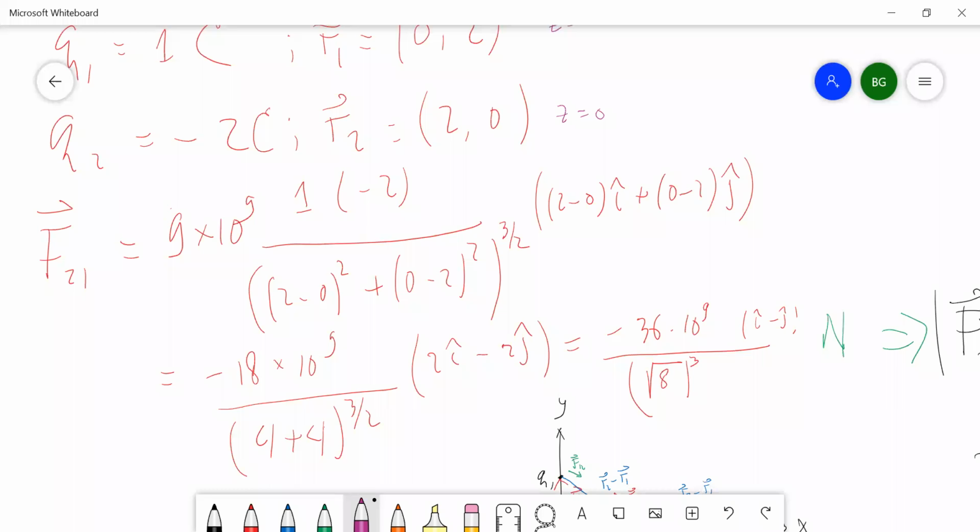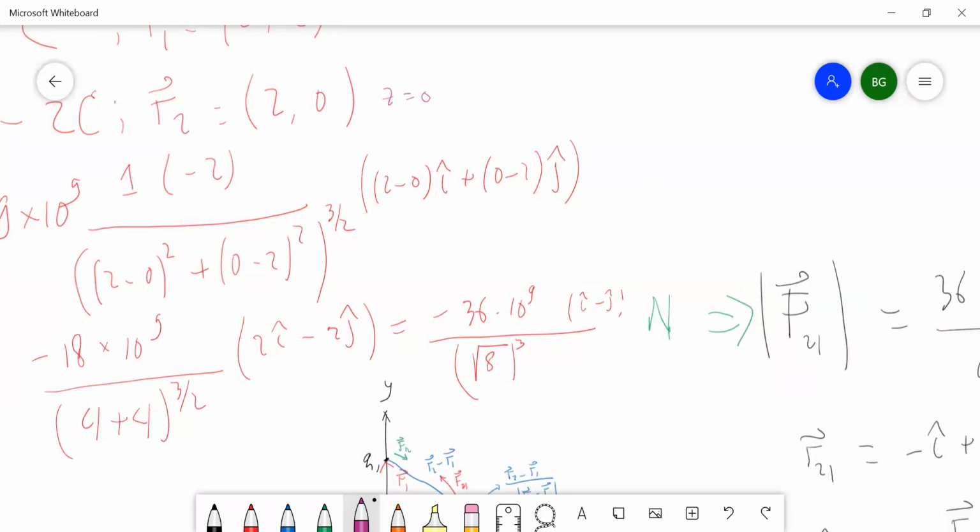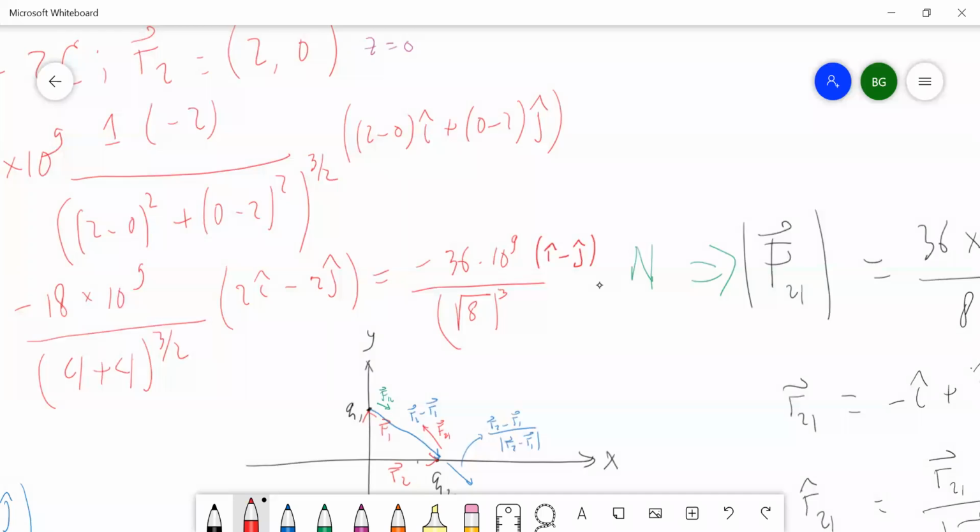So we will have this, which is I hat minus j hat.